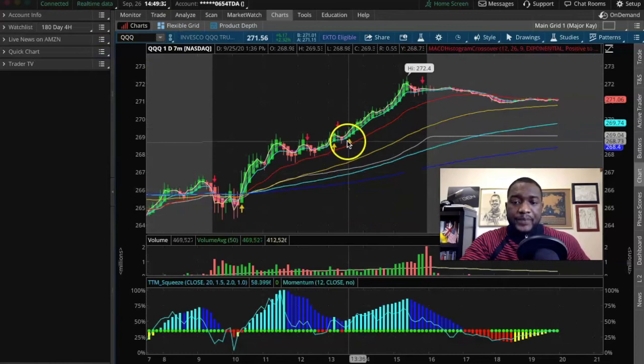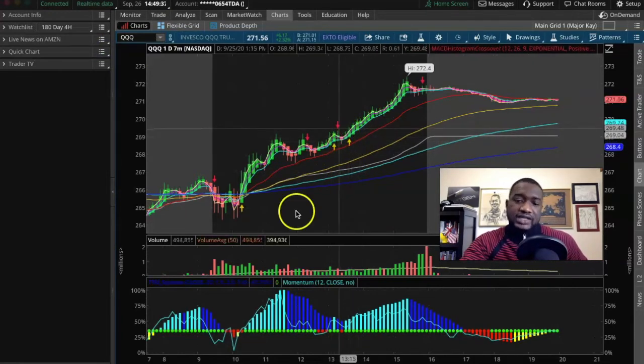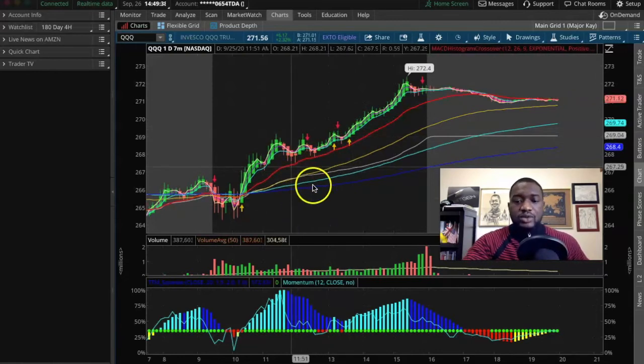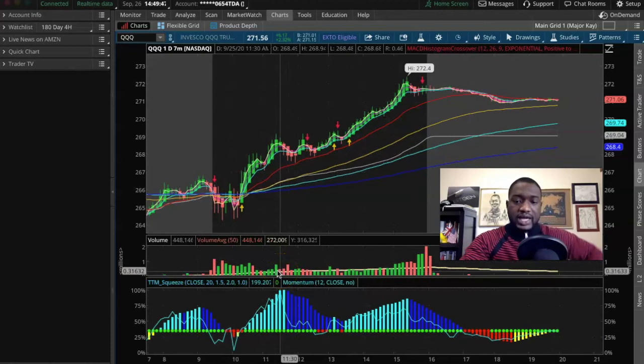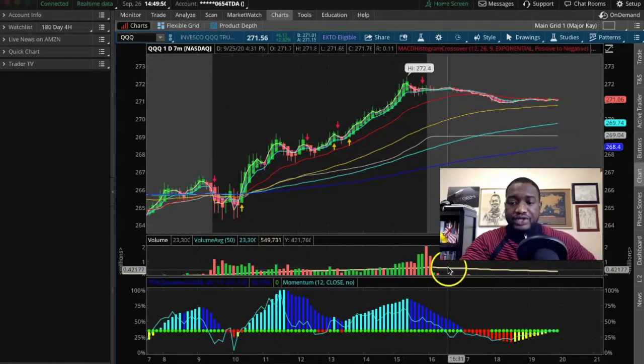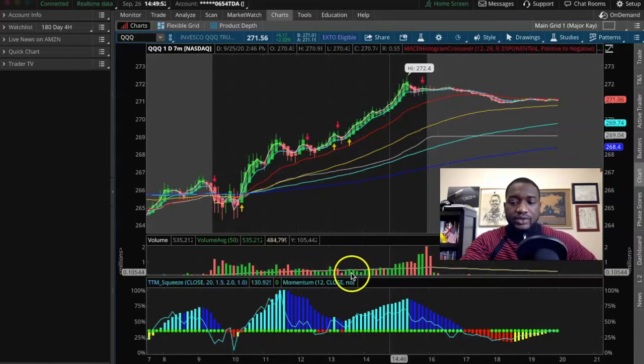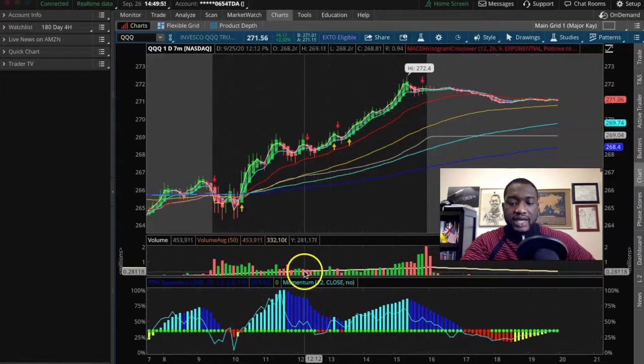I use the positive to negative and negative to positive, so we can see what's going on on both sides. So here, what I have with the volume is obviously color coded, and I have the average volume indicator also highlighted there.